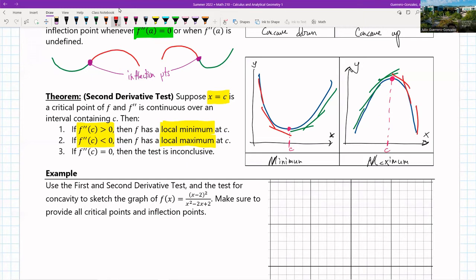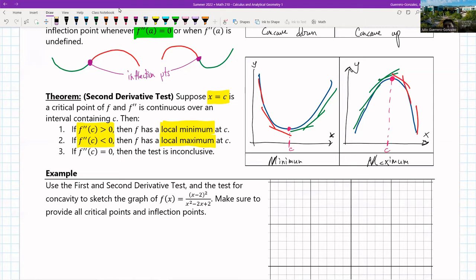That means the slopes of the tangent lines are decreasing, aka f double prime is less than 0. Therefore, you must have a local maximum. And that is it.